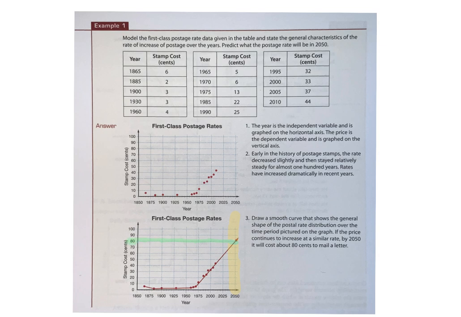So if we go over, we can say, well, our prediction is it'll be about 80 cents for a postage stamp by the year 2050, if it keeps increasing. Now, this is based on the information we have, and information could change, right? And so in 2050, we may not even be using postage, right? Because very few people actually use it now. But that's what we're looking at when we just look at the information that we have.